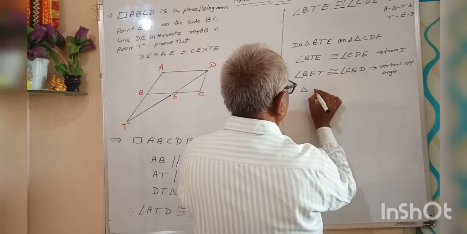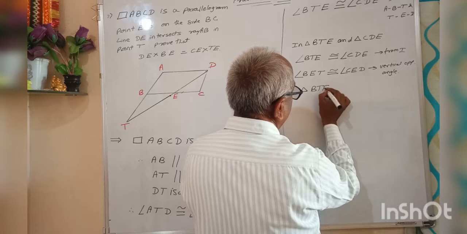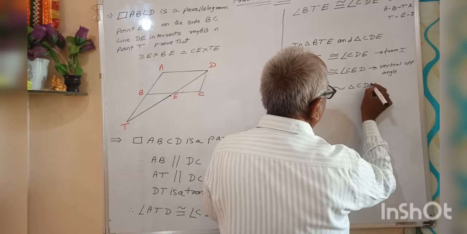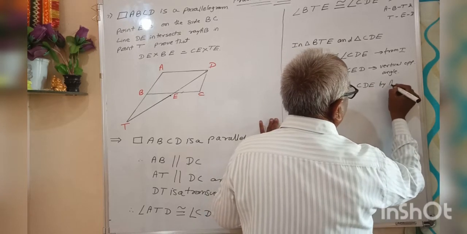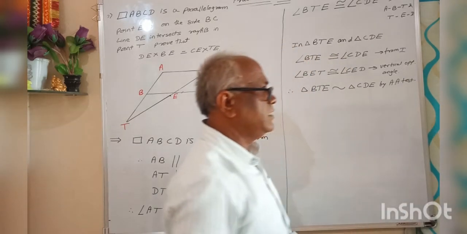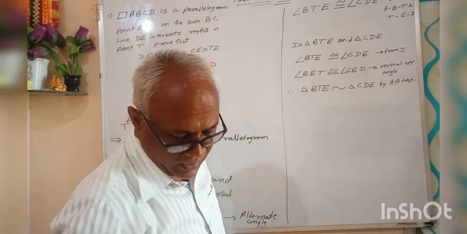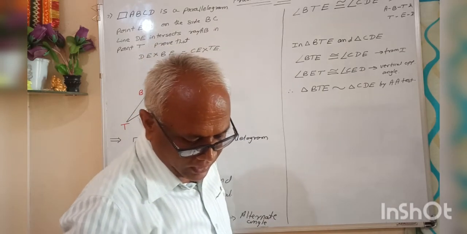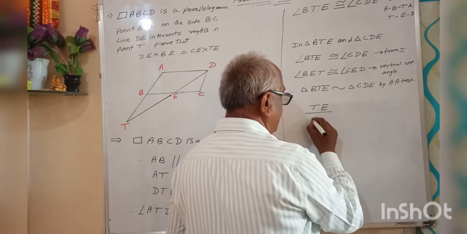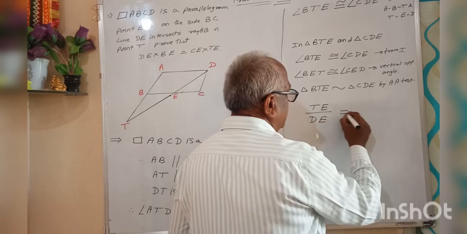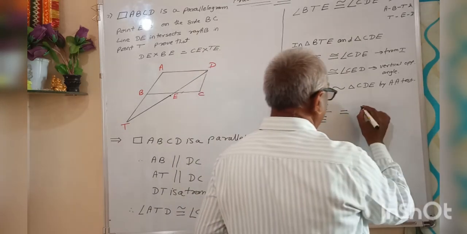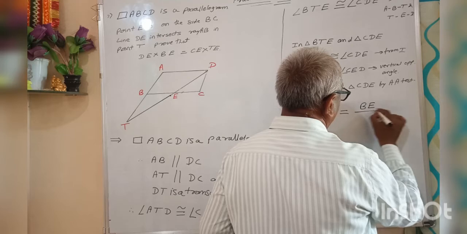Therefore, triangle BTE is similar to the triangle CDE by AA test. If the two triangles are similar, then their sides are in proportion, that is TE upon DE is equal to BE upon CE.